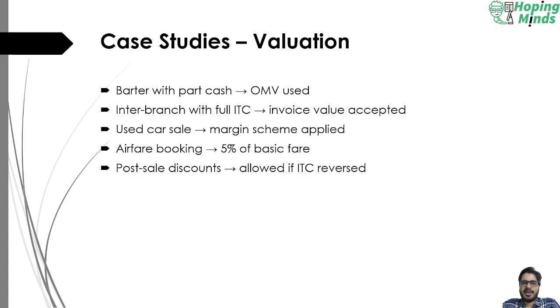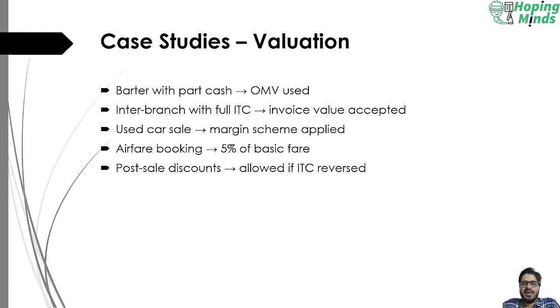Barter with part cash. In case of a barter transaction partly in cash, the open market valuation shall be used to determine the value of supply. Interbranch with full ITC. Invoice value is acceptable in case of interbranch transfers.